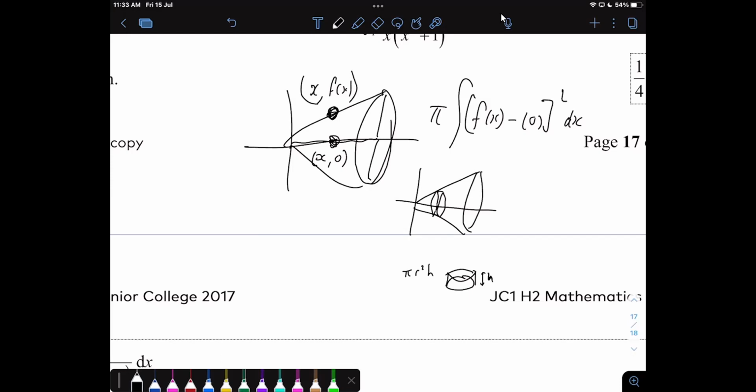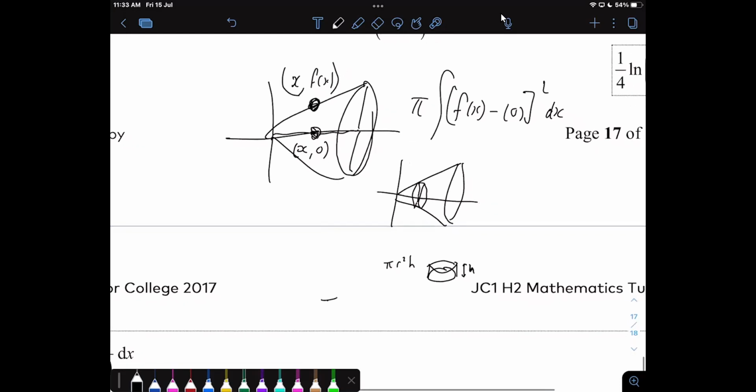Then how do we get the radius here? Pi r square times h. The y value. You just need to take the radius. The radius is over here, if you can visualize, from maybe from here to here. And that's just the y value. Or in other words, there's this graph at the top here, and this graph at the bottom here.